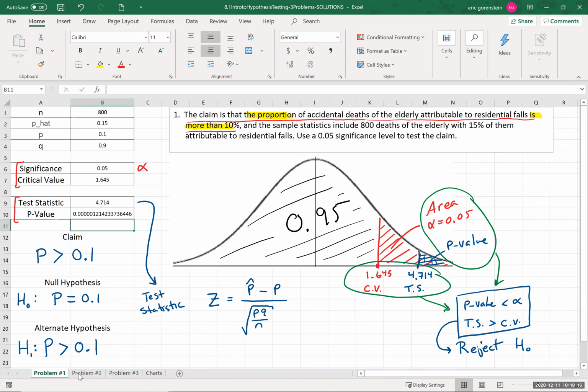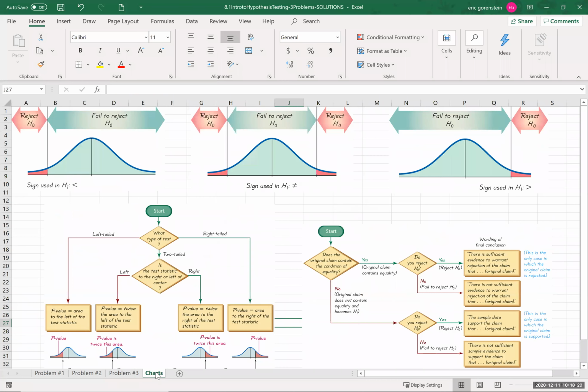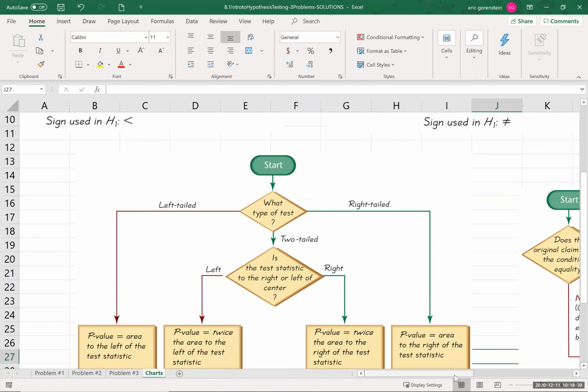So with these 3 problems, I basically did an example of everything you might see, and then on this fourth sheet down here, I just put all the important visuals in one place that you may want to definitely use as a reference when you're doing the homework or doing the quiz, and next week as well. And so let me zoom in a little bit on the part that I'm referring to.